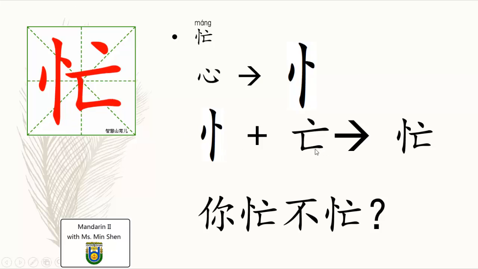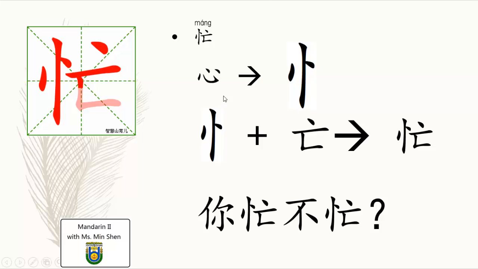And next, we want to use this 亡, the die, the end. We want to combine it together with this radical at the left hand side. When it's at the left hand side, this radical actually originally comes from the character 心. 心 means heart, or it also indicates emotion. So the left dot is still there, the right dot is here, but the middle dot and these strokes combine and become one vertical line.